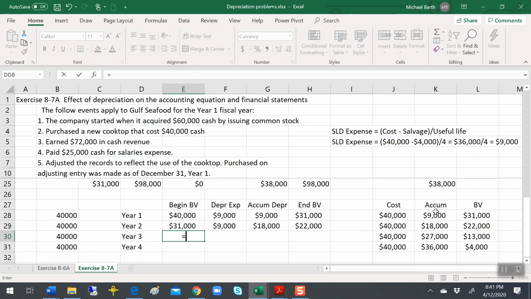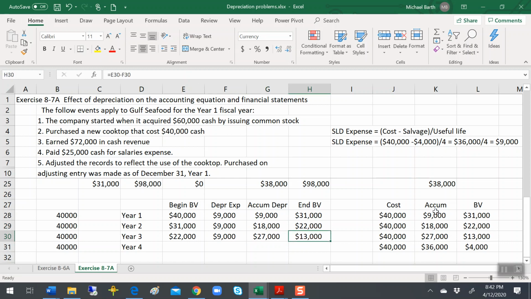Let me continue this out. You start with $22,000. The depreciation expense is the same. Accumulated depreciation, $27,000. The book value would either be the beginning book value, which is the cost minus the accumulated depreciation through last year, minus this year's depreciation, but it's also going to be the cost minus the accumulated depreciation after 3 years.